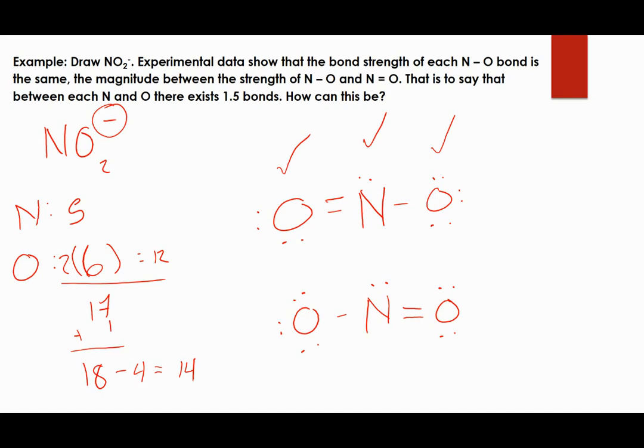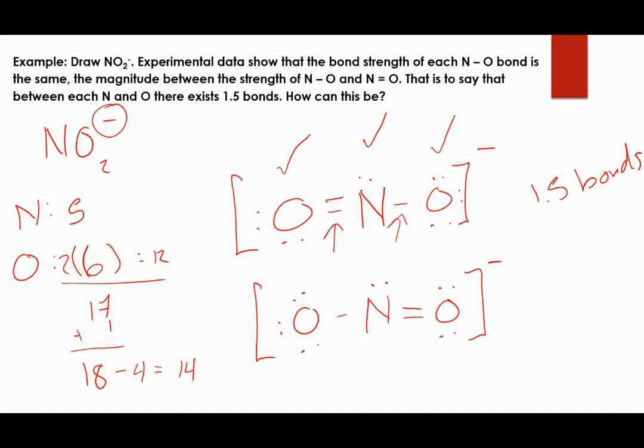It exists as 2 stable structures. What this 1.5 bonds means, if we're actually looking at it, is that in both structures we have 1 double bond and 1 single bond.